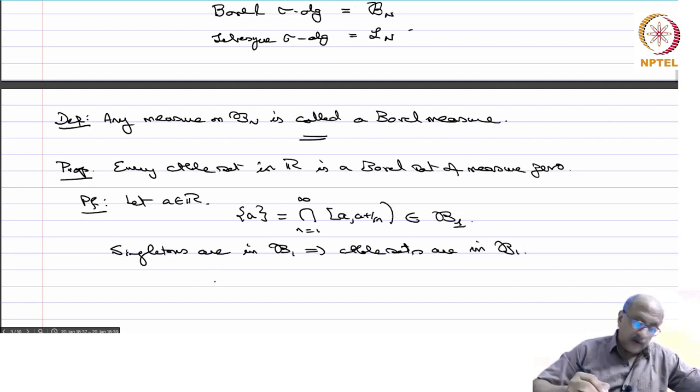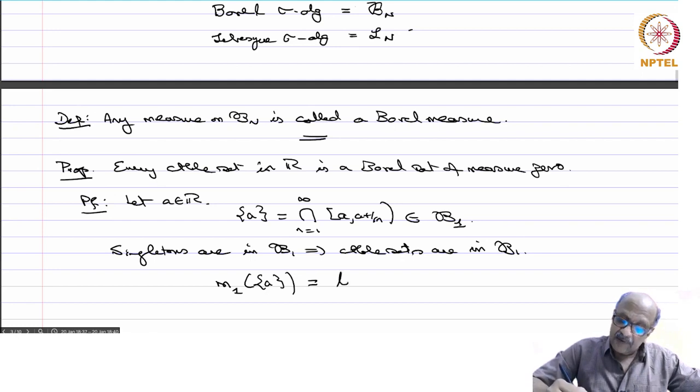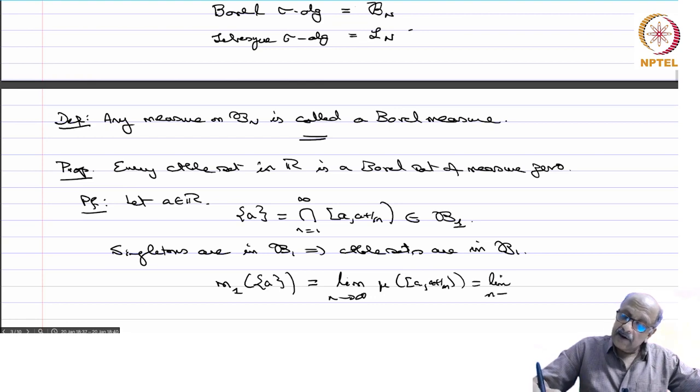Okay, so now what is the measure of the singleton {a}? Now this is a decreasing sequence, and they all have finite measure, and therefore the measure of the intersection is nothing but the limit as n tends to infinity of mu of (a, a + 1/n], which is equal to the limit as n tends to infinity of 1/n, which is 0.